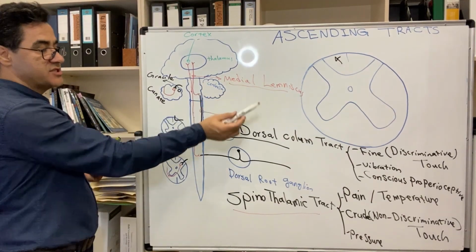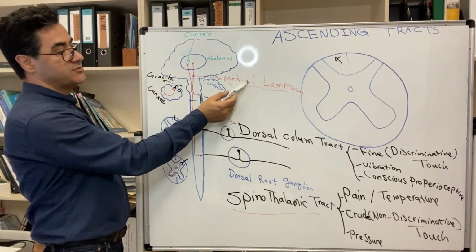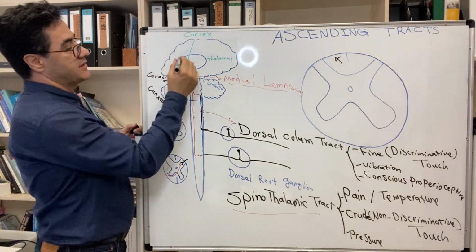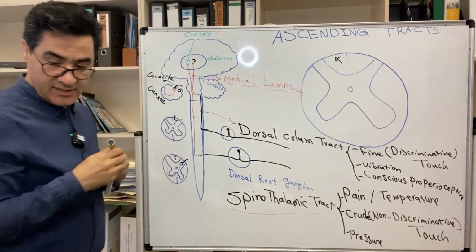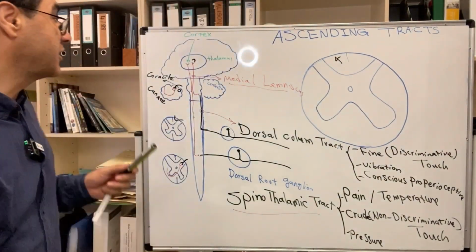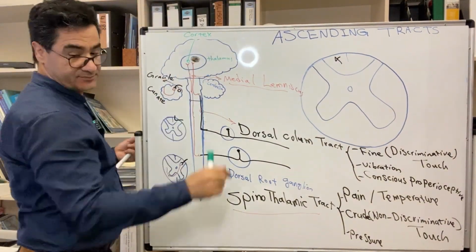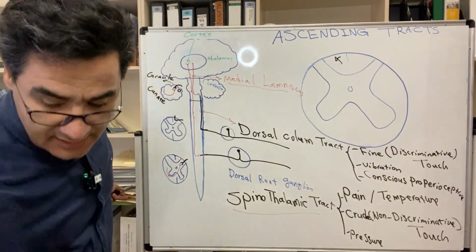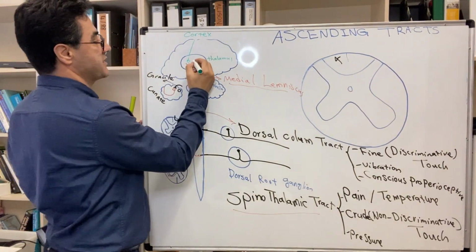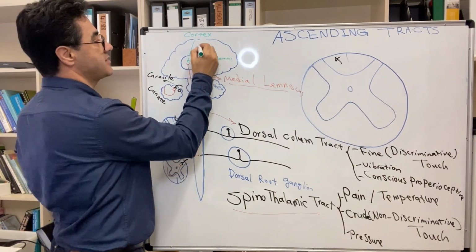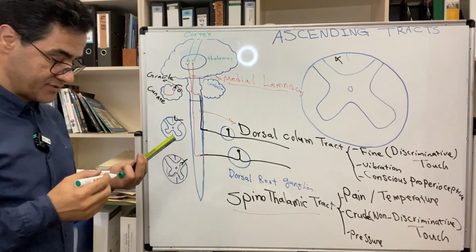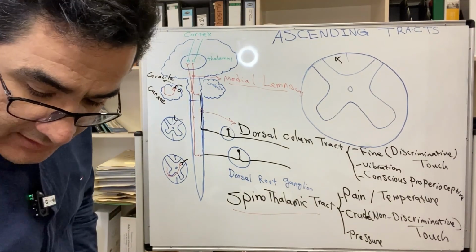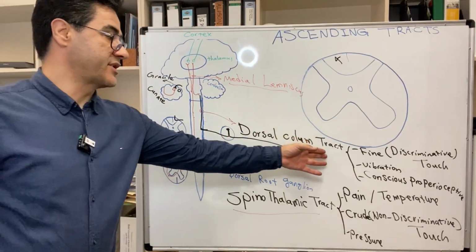So the name changes from dorsal column tract to medial lemniscus. Then it synapses onto the cell body of the third order neuron in the thalamus. This third order neuron cell body is within the thalamus here, and then it projects up to the somatosensory cortex.